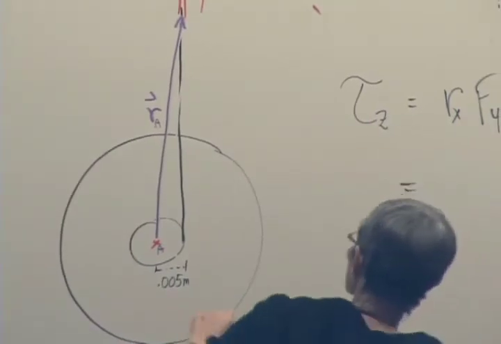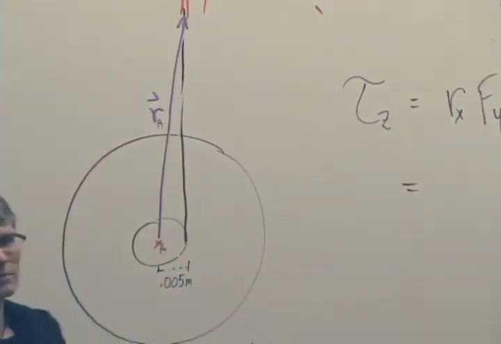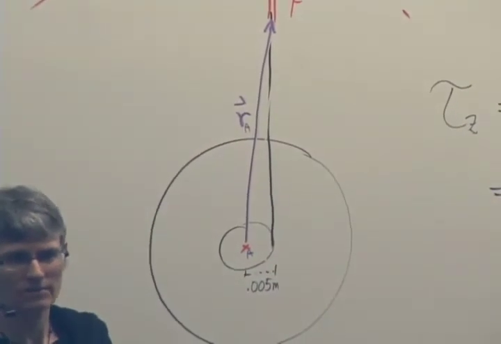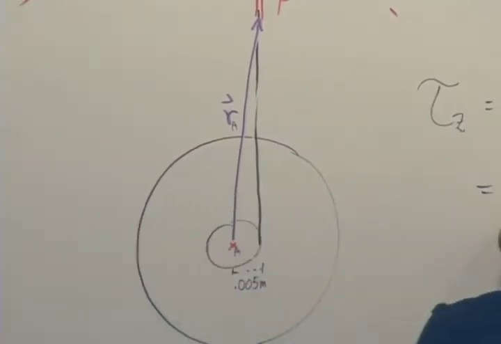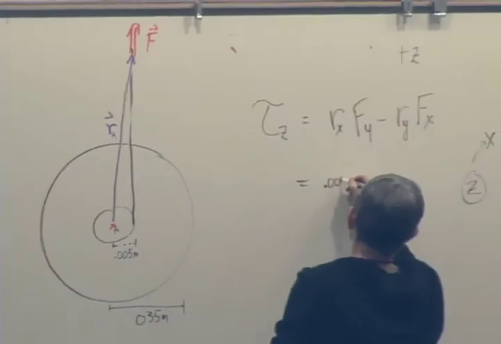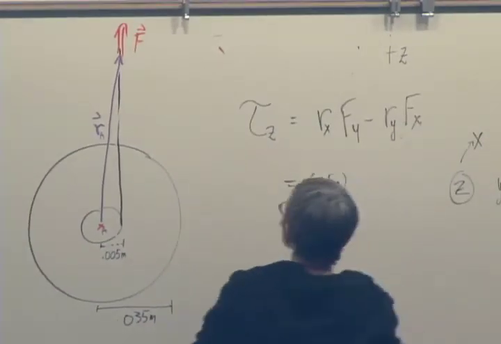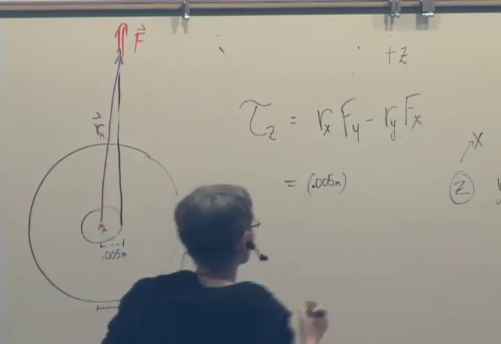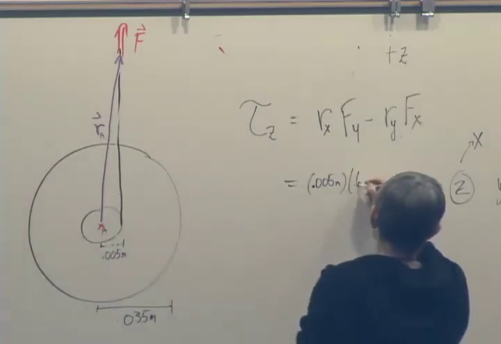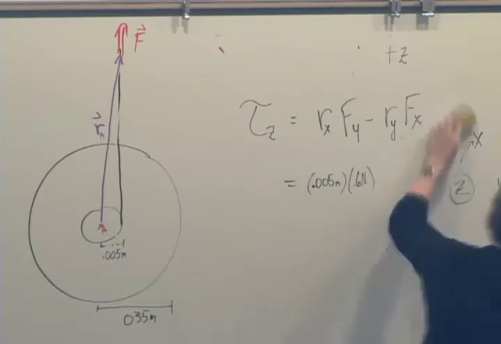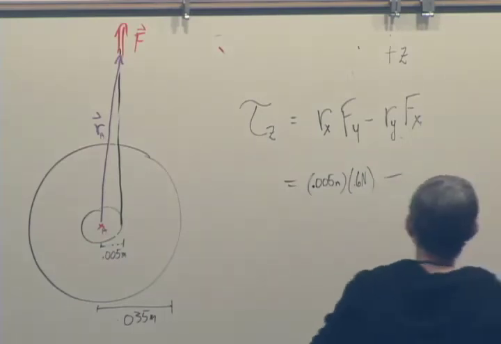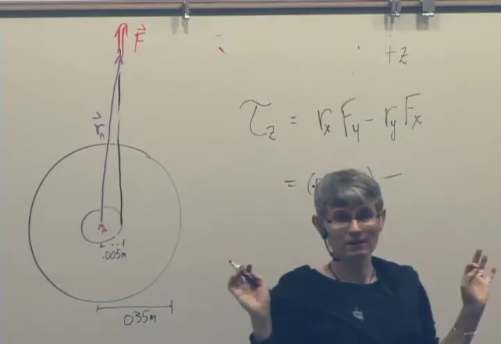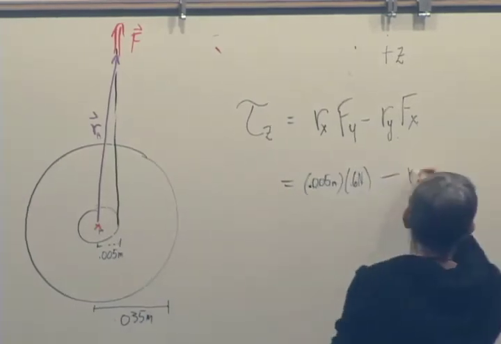So what's the X component of this vector R? Okay, so we know that's 0.005 meters. And what's the Y component of the force? 0.6 newtons. And now we have to subtract the y component of r, which we don't know because we didn't tell you how long the string was.